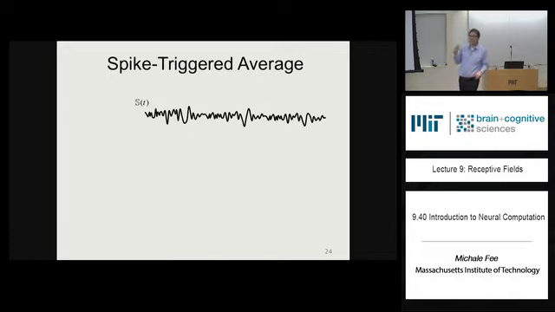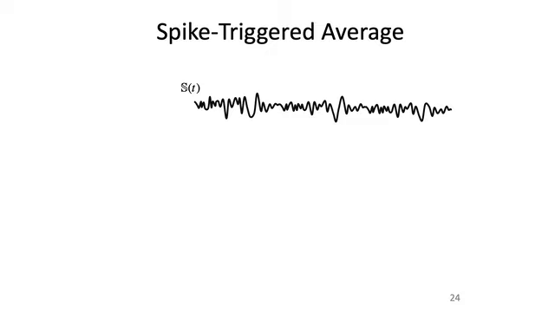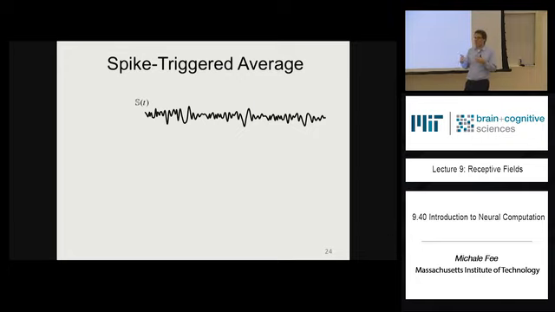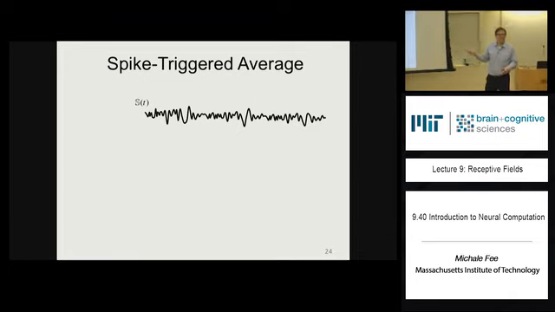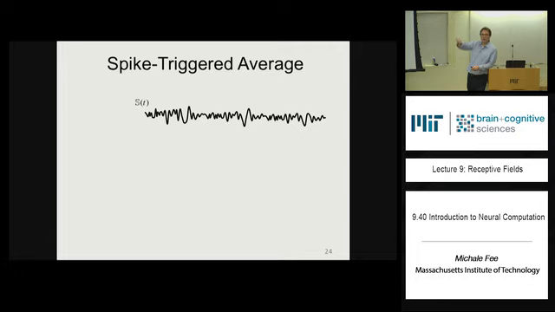We're going to take a stimulus, and we're just going to make noise. Just a very noisy stimulus. Let's say we take the intensity of a spot of light, and we fluctuate the intensity of that light very rapidly.